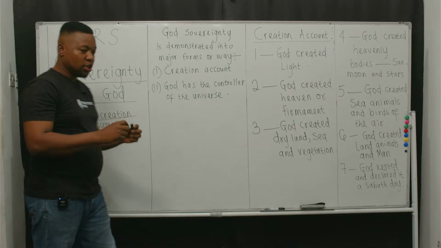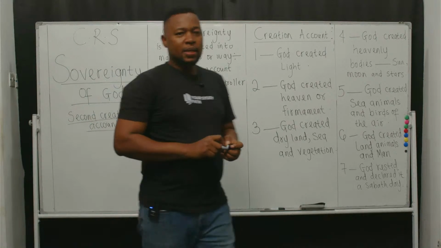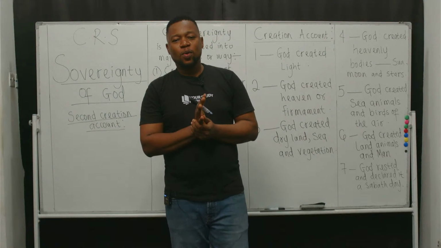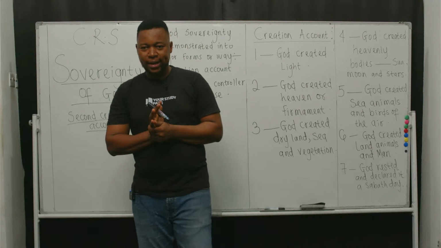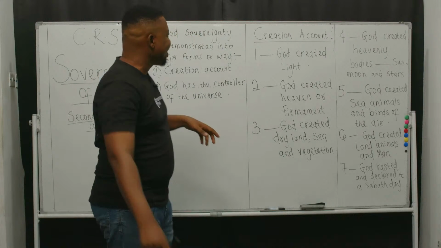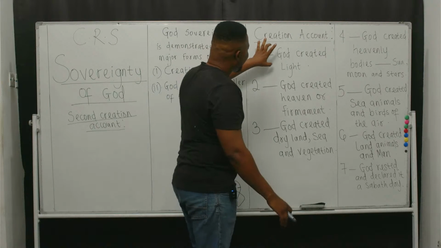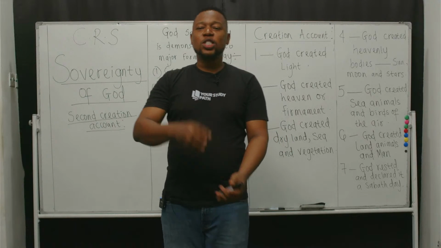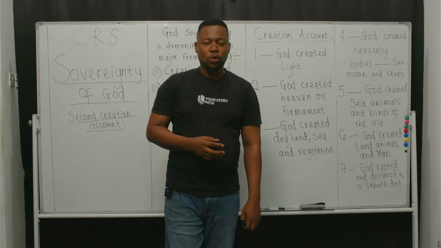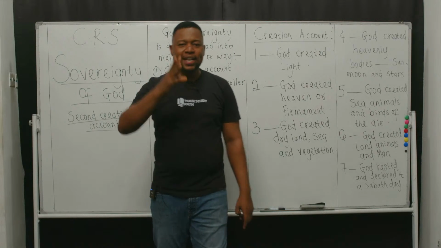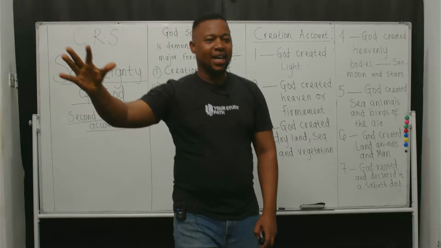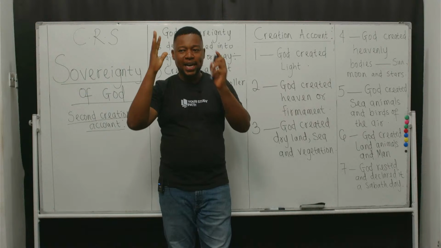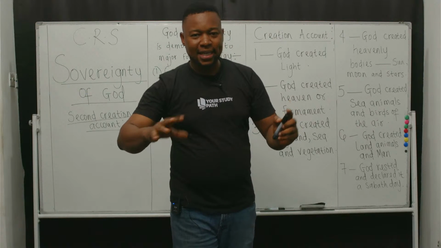Second creation account. Now, let me also give us one important piece of information. The supremacy of God in the first account is demonstrated through spoken words. Let there be light, then we have light.